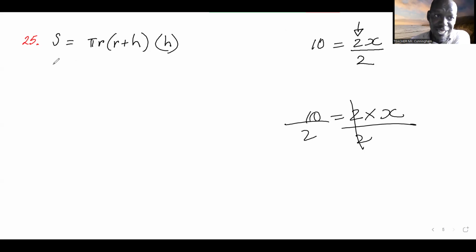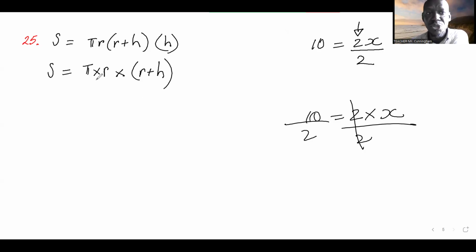This is S equal to pi multiplied by R multiplied by R plus H. So the first thing that we're going to do is get rid of our pi R by doing what? Can you repeat that one more time, sir? All right, no problem.